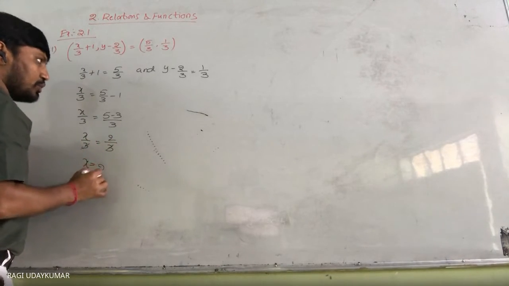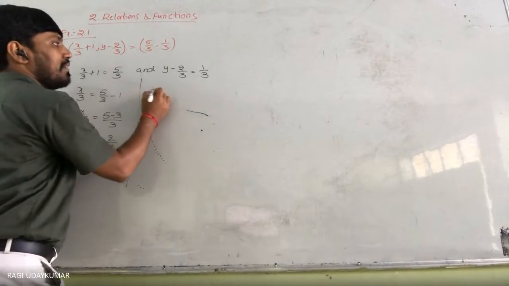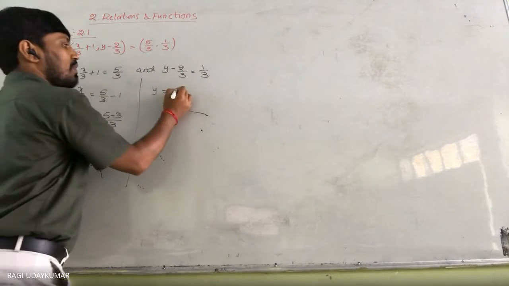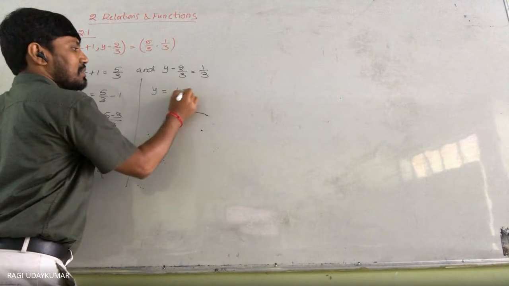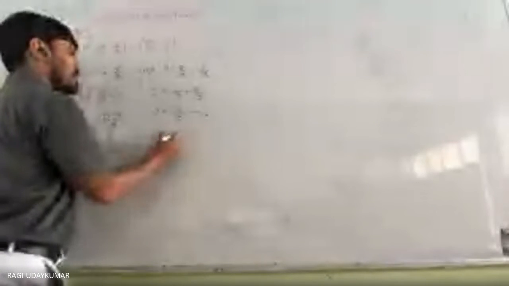So x is equal to 2 here. In the same way, y - 2/3 is 1/3, so y is equal to 3/3, so y is equal to 1. But the x and y values are what is asked to find.